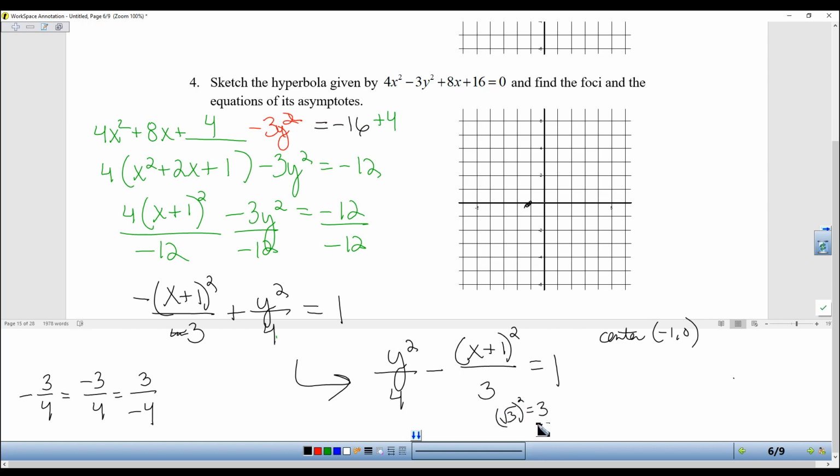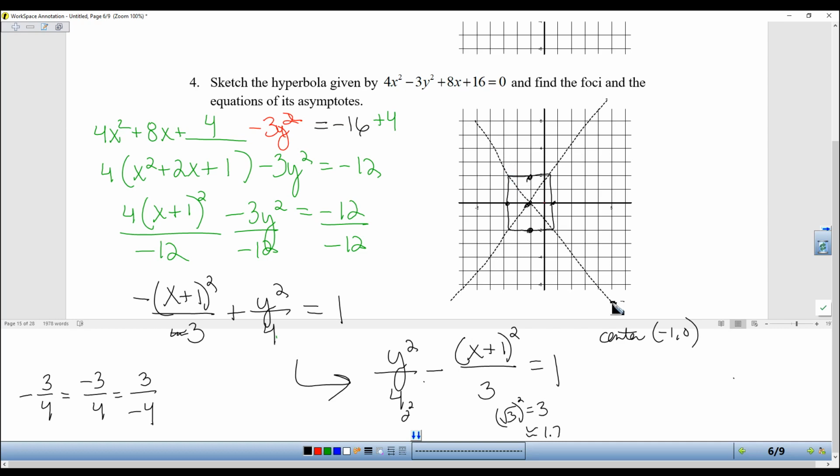The square root of 3, which is approximately 1.7. So I'm going to go 1.7 in the x direction, and I'm going to go 2 in the y direction. I'm going to make my box. And I use my box to make my asymptotes.